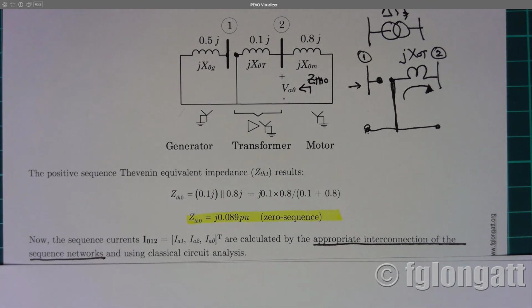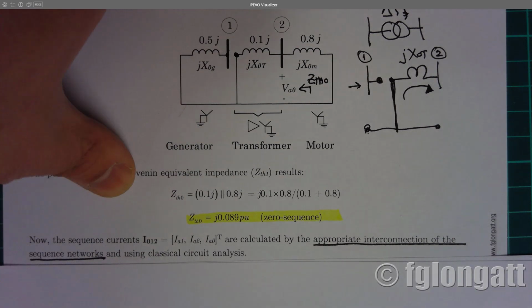I mean, we have positive, negative, and zero sequence, and now the short circuit defines how the sequence networks are interconnected. From there, it's basically classical circuit analysis.